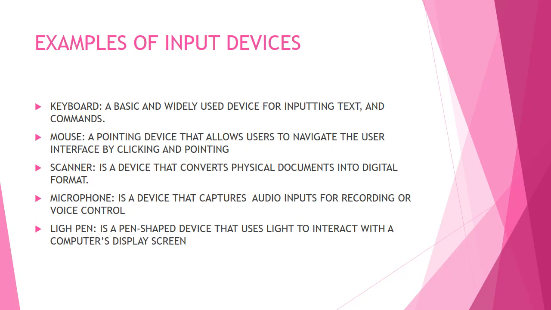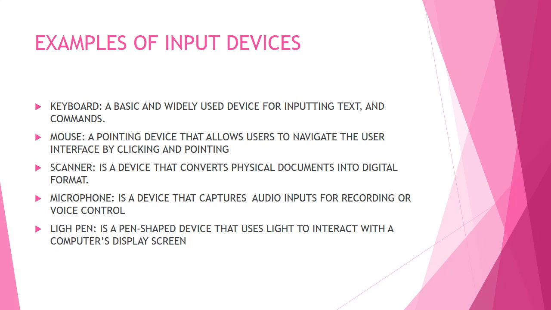Then we have a scanner. A scanner allows us to convert our documents into a digital format, so it will allow us to convert hard copy into soft copy. Then we have microphone. A microphone is a device that captures audio or voice input for recording or voice control.